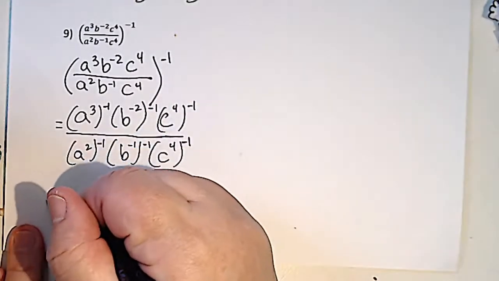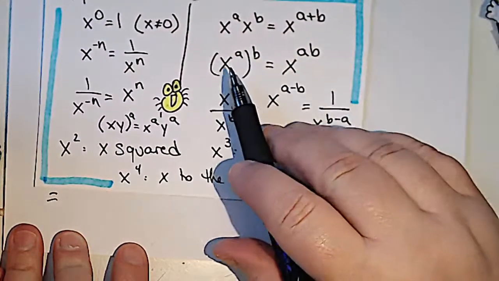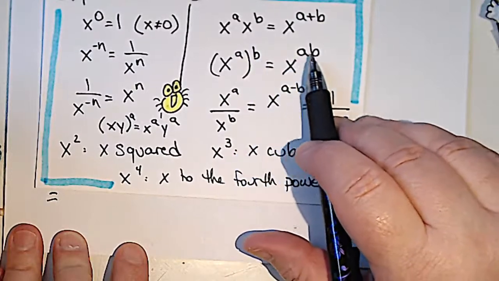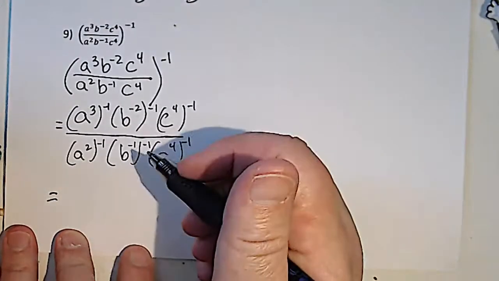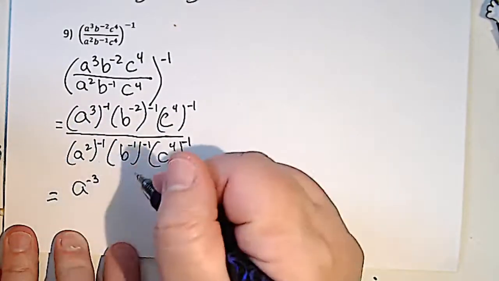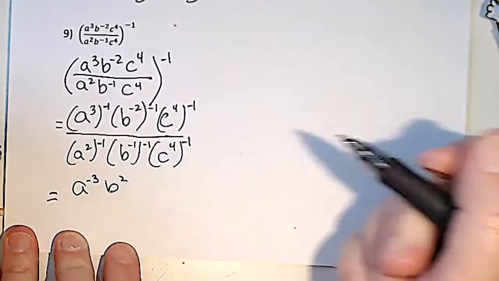And then, do you remember what happens when you've got an exponent inside and an exponent outside? When you've got a single base, exponent inside, exponent outside, they get multiplied together. You find the product. So I'm going to multiply. So down here, I'm going to get a to the 3 times -1 is -3. B to the -2 times -1, b squared.